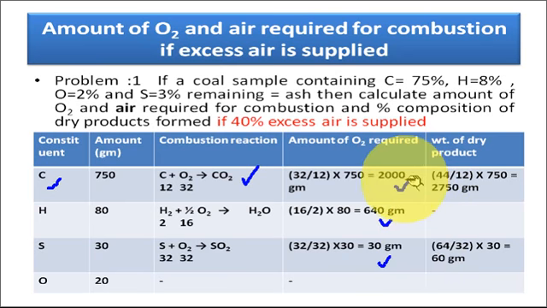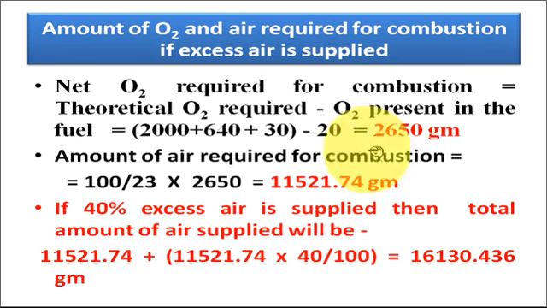So we just have to take the sum of these three to calculate the amount of oxygen required for combustion. So what we have done here is 2000 plus 640 plus 30, and we have to subtract the amount of oxygen already present in the fuel. So the net oxygen required for combustion is 2650.